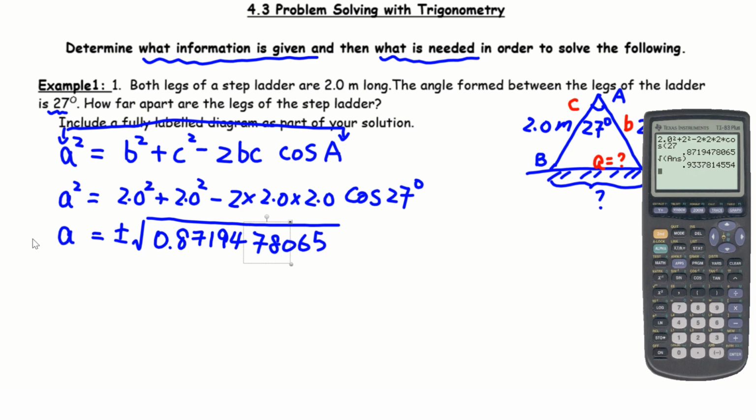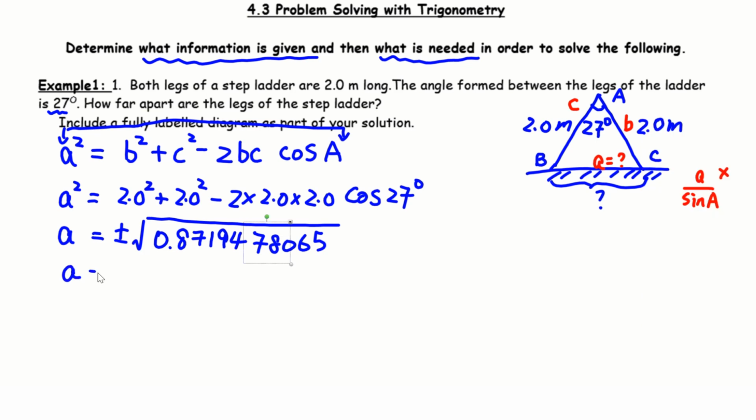It will be 0.93. So a equals 0.93. The negative 0.93 meters, we are going to ignore, because it is a measurable quantity and we don't have negative 0.93 meters. So this is the answer for this one.